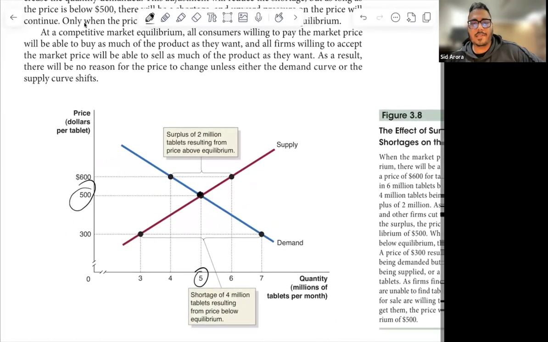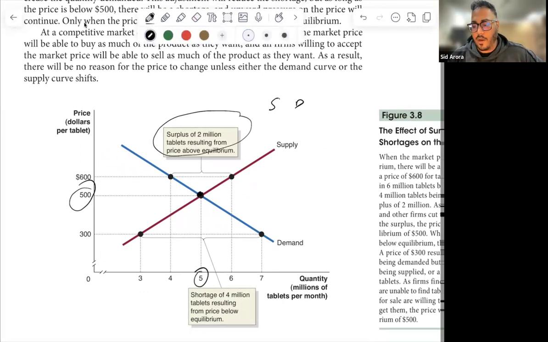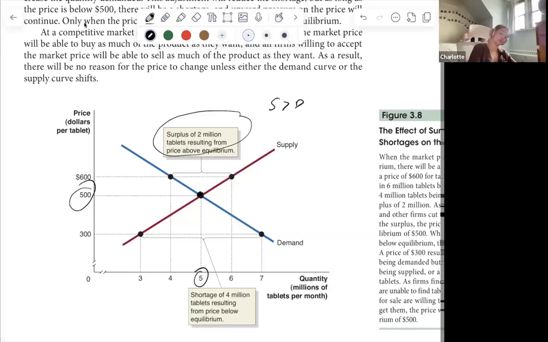Either demand is higher than supply or supply is higher than demand. When we talk about a surplus here, we're talking about supply being higher than demand, meaning the quantity of the good that the suppliers have in their inventories is higher than the demand that the buyers have for that product. That's what we call surplus.